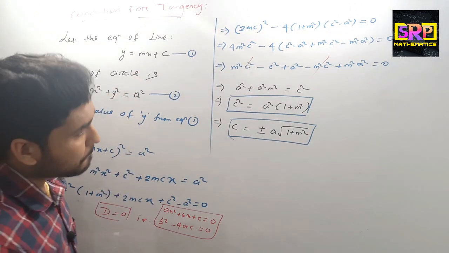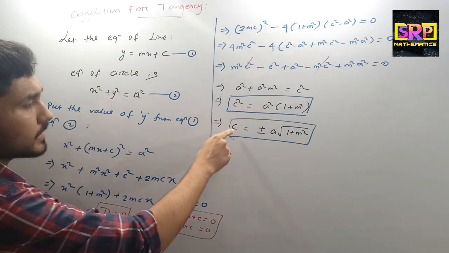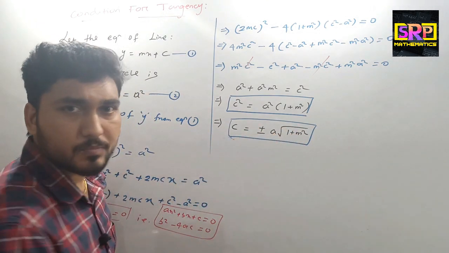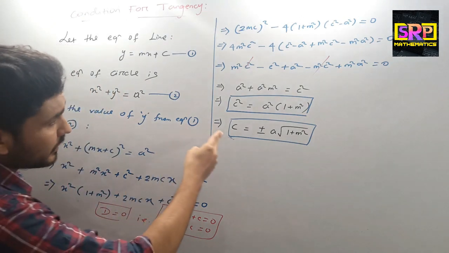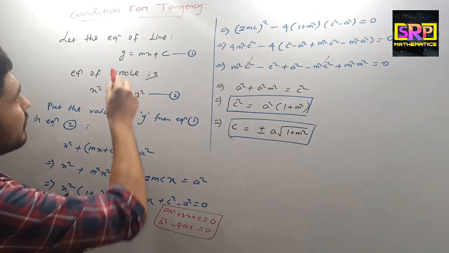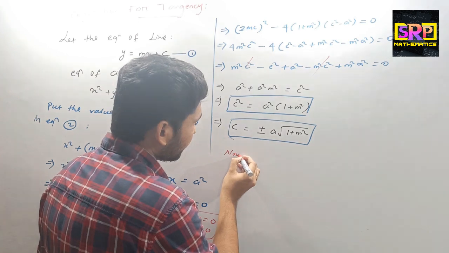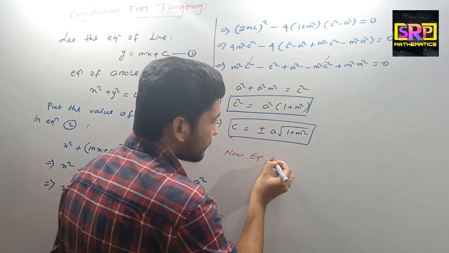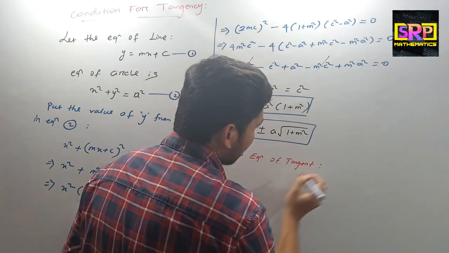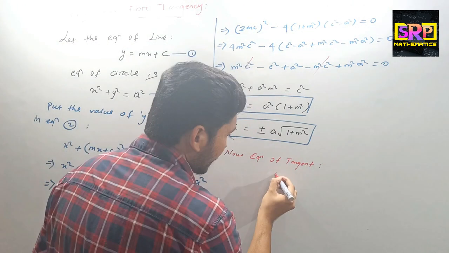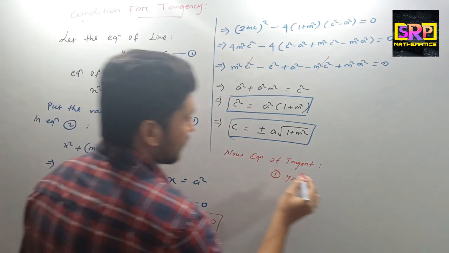Okay. So if you see one more thing, you are getting c as plus minus a into square root of 1 plus m square. That means you are getting two values for c. So if you are getting two values of c, how will you write the equation of the tangent? Now the equation of tangent will become, the first equation will become y is equal to mx plus c.